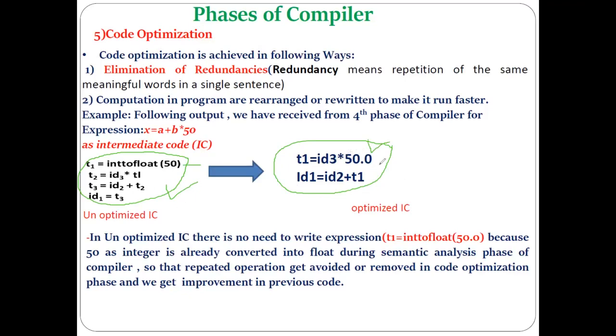Only this three address code we have converted into another form, but this three address code is better as compared with this in terms of space efficiency and time efficiency. The meaning of both is the same. Understood? So that is the concept of code optimization: making changes within a program without affecting the final meaning of the program.